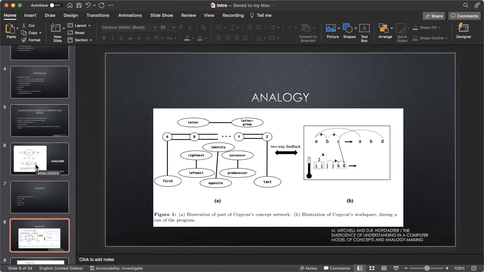Essentially, the architecture of this software system is that it has a built-in concept network. For example, A is the first letter of the alphabet. B comes after that, so B is a successor. Y is a predecessor of Z, and Z is the last letter. And naturally, there are letters and groups of letters. So there's this concept network.